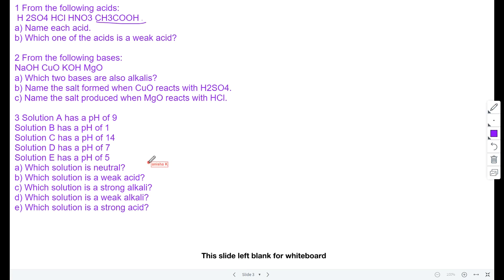For 3A, it's D. For 3B, it's E. For 3C, it's C. For 3D, it's A. No, the second one is E, and the last one's B. Perfect. So you understood the basic concept of acids and bases? Yeah. Okay.